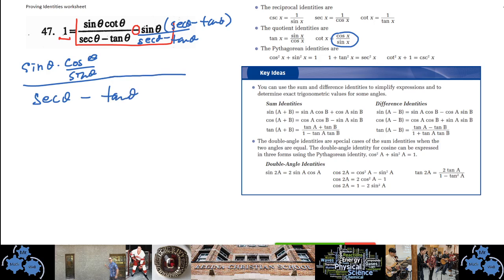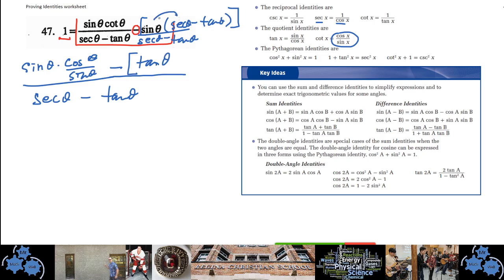Okay. And over here now, I've got minus. Got to be careful with the minus. We're subtracting, and then it's multiple terms, so be careful with that. So minus, what's sine times secant? Well, what's secant? That's 1 over cos, right? So I'm going to say minus sine over cos is minus, that's going to be a tan theta.